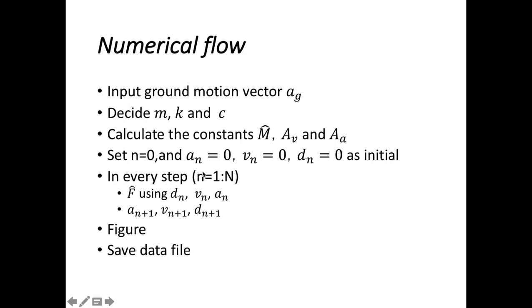And then, in the step-by-step calculation, every step we just update f hat using dn, vn, an, and ag n plus 1. So we can calculate a n plus 1, v n plus 1, and d n plus 1 using the equations we explained before. And then we plot some figures and save the data file. Then the whole program will be finished.